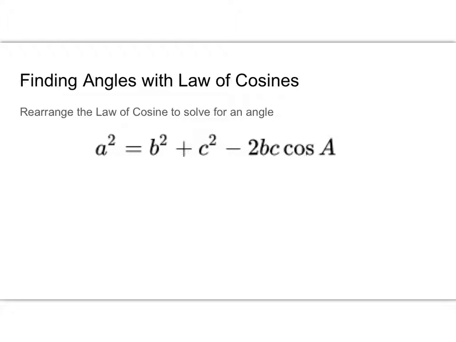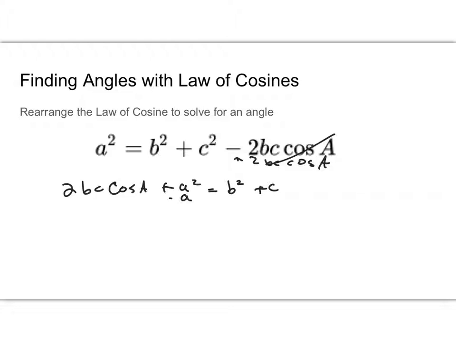So what happens when I have all three sides and I want to solve for an angle? Well, you can rearrange this formula to make it solve for the angle. If I add 2bc cosine A to both sides, I get 2bc cosine of angle A plus a squared equals b squared plus c squared.